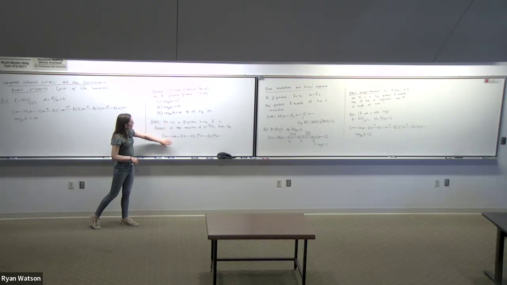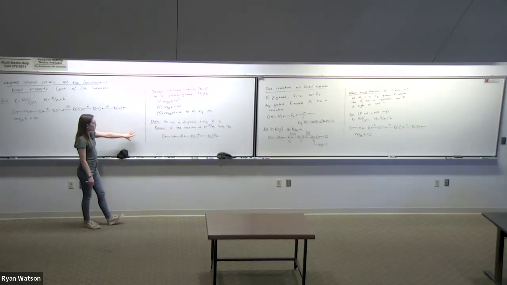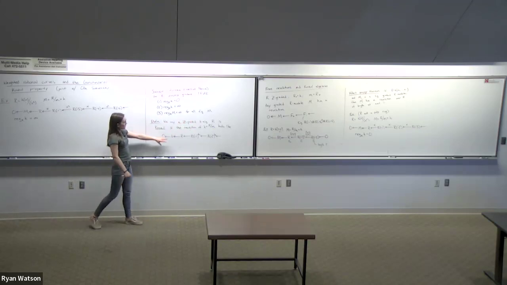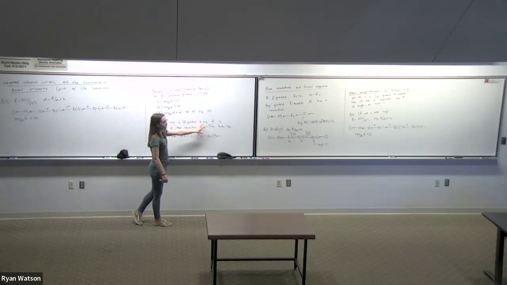If you compare what this resolution looks like to what I wrote down for the definition of a minimal graded free resolution, the restriction that I'm making here is on the twists that show up. So I'm saying that in homological degree 1, the only twist that can show up is -1. There will be some number of copies of R twisted by -1. In homological degree 2, only the twist of -2 can show up, nothing else, and so on.